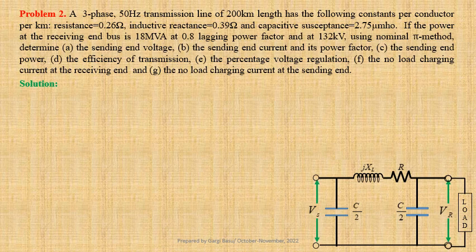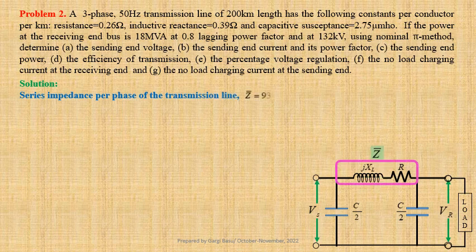We have obtained series impedance per phase of the transmission line, Z equals 93.7443 ohm at an angle 56.31 degree, and capacitive susceptance per phase BC equals 5.5 into 10 to the power minus 4 mho.